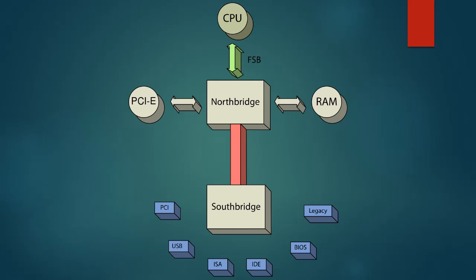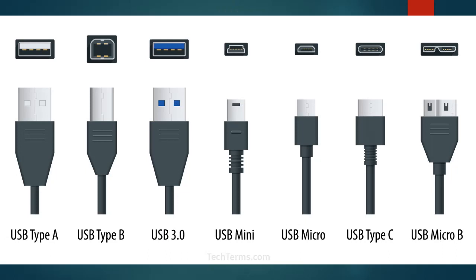Now motherboards come with several input-output interfaces, and these interfaces are largely located on the rear input-output panel of the motherboard. For example, the most common interface on the motherboard is the USB port. USB stands for Universal Serial Bus, and motherboards will typically have several USB ports because there are so many different peripherals that utilize the USB interface, such as keyboards, mice, cameras, external drives, and printers.